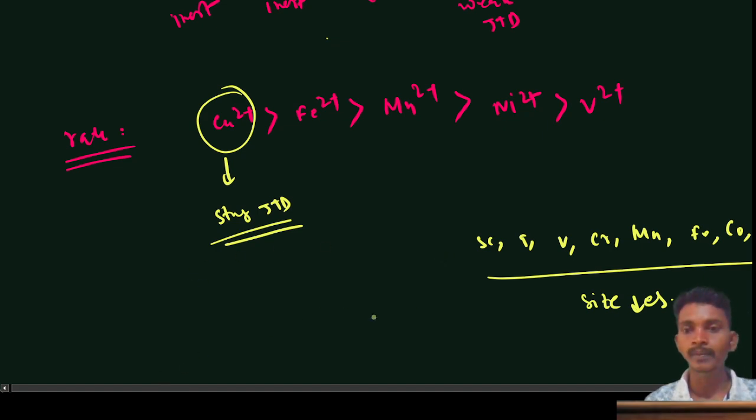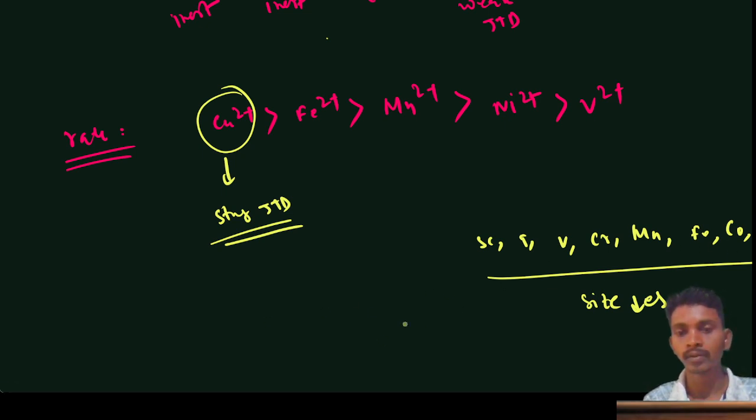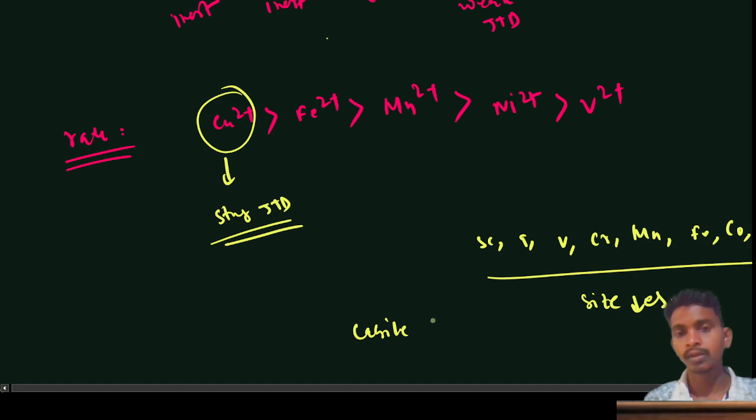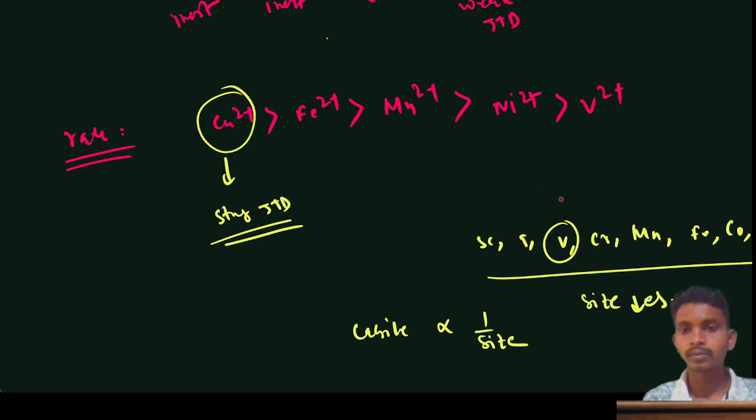Labile is indirectly proportional to size, meaning labile complexes need low size. Inert is directly proportional to size, so the high-size ones are inert. So according to size also you can explain it.